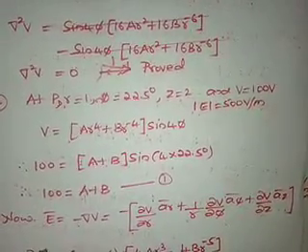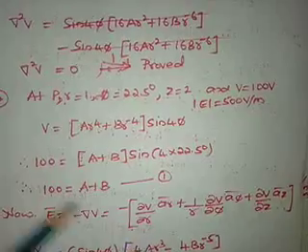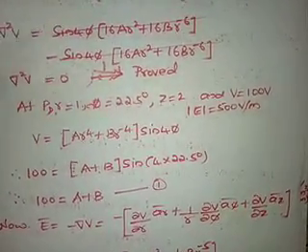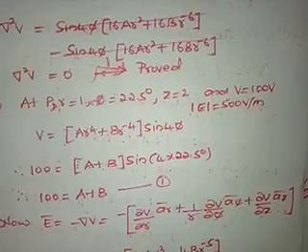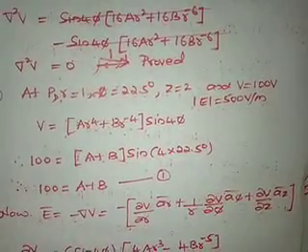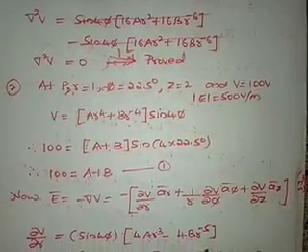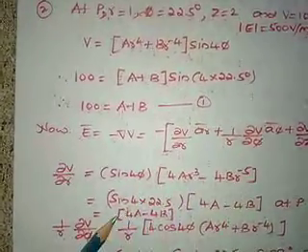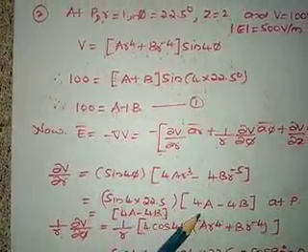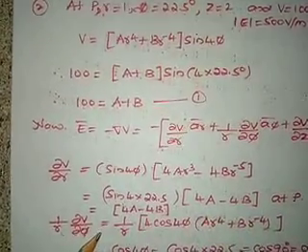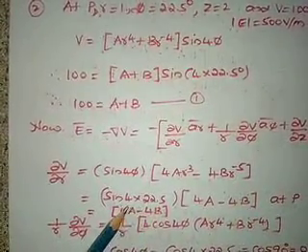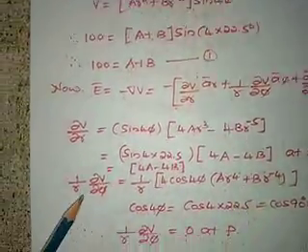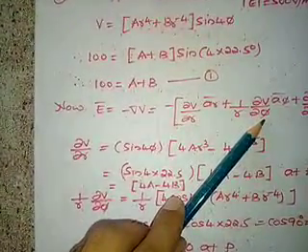We already got this dou V by dou R previously, when calculating del square V equal to 0, so just substitute that. That is sin 4 phi into 4 AR cube minus 4 BR raised to minus 5. Then substitute the values of R and phi: sin 4 into 22.5 into 4A minus 4B. 4 into 22.5 is 90, so sin 90 is 1, so that will be 4A minus 4B at point P. Then 1 upon R dou V by dou phi, we want the second term.